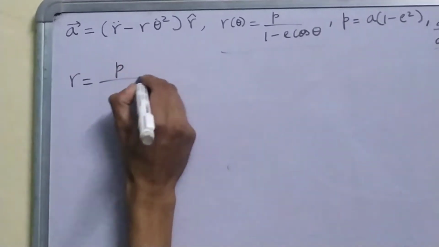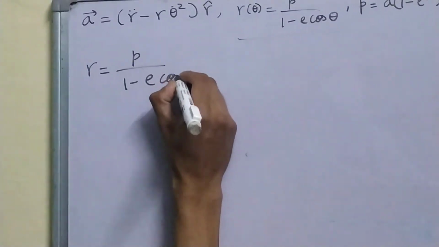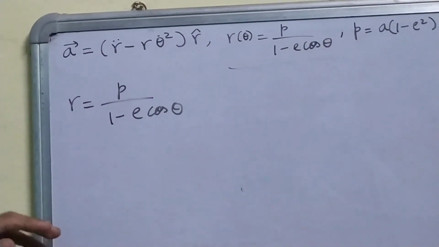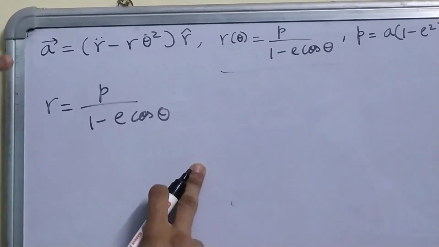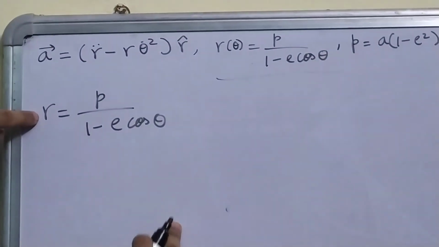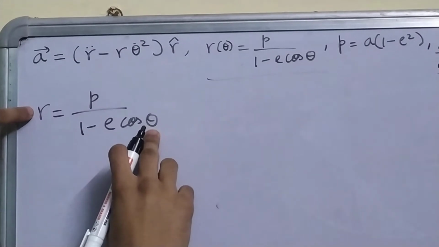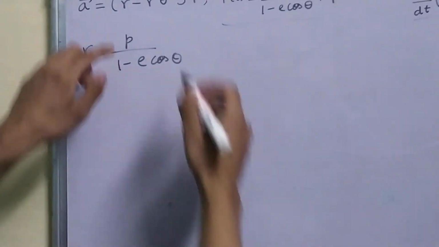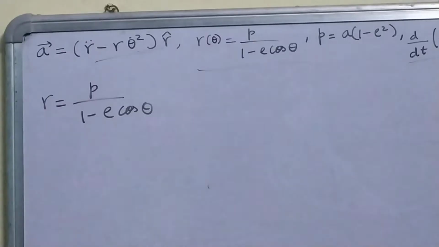With all this in place, we'll use this to evaluate r double dot. So we have r equal to p upon 1 minus e cos theta. We'll differentiate this equation with respect to time, and we will get r dot and theta dot, and then we'll differentiate it again to get r double dot. Then we'll plug these values into our final equation.